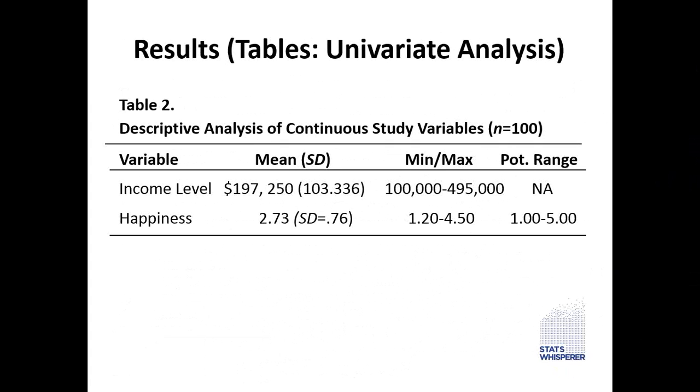And then that's presented too in the table, right? You have the mean, min-max, potential range, right? The potential range is often left out, but that makes it harder to interpret because if the mean score of happiness is 2.73, that's a lot different if it's on a scale of 1 to 5 or a scale of 1 to 10 or 1 to 20, right? So it's always nice to put the potential range when you have it, right? So income, you don't have a potential range because it could be however much.